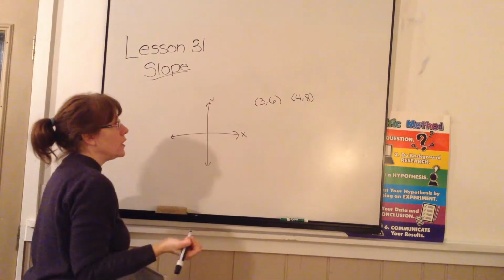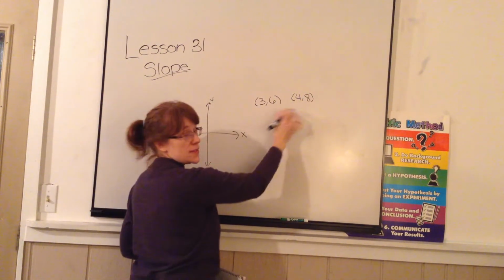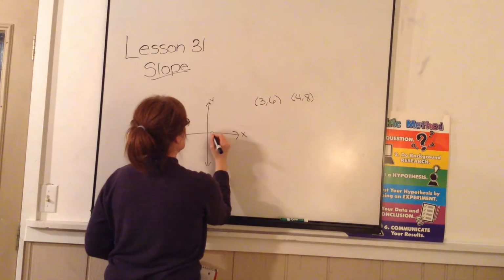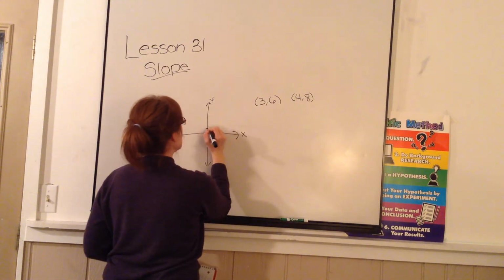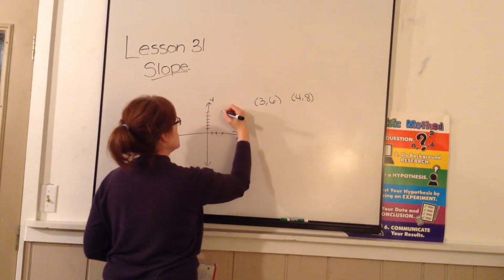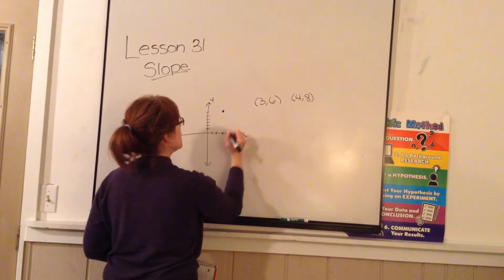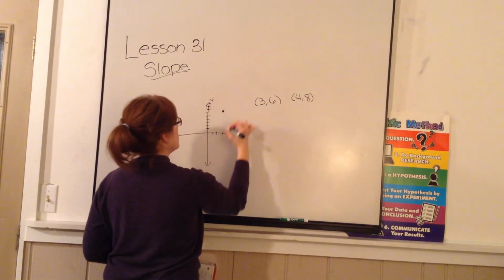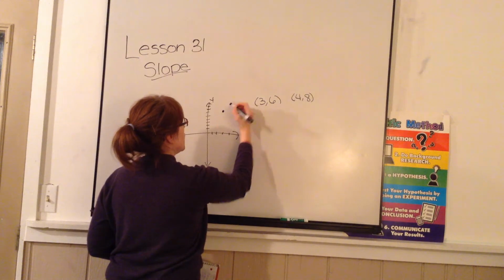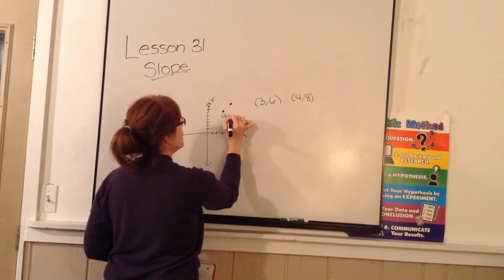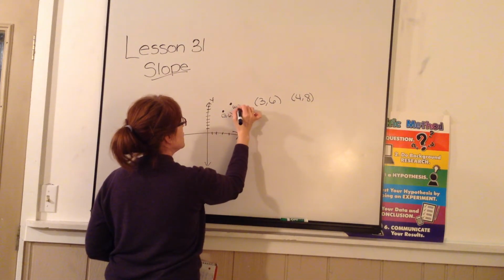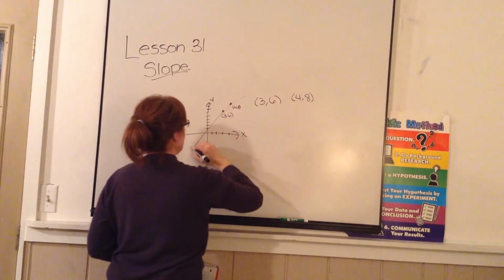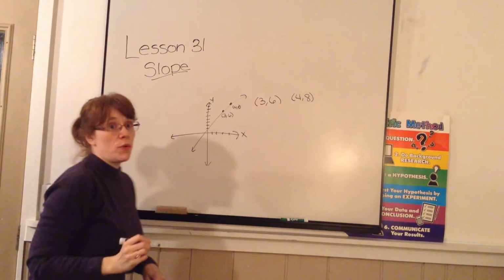So we want to know the slope of a line that has these 2 points. So let's say this is 1, 2, 3, and that's 1, 2, 3, 4, 5, 6. So right here is (3, 6). Here's 4, here's 8, (4, 8). Okay, so I have (3, 6), and I have (4, 8), and they want you to find the slope of that line.